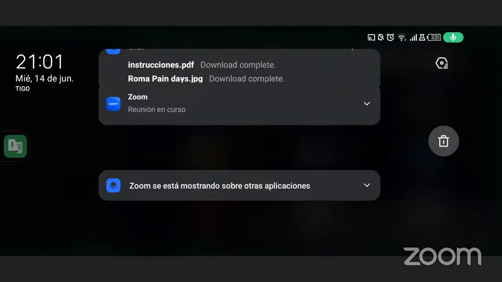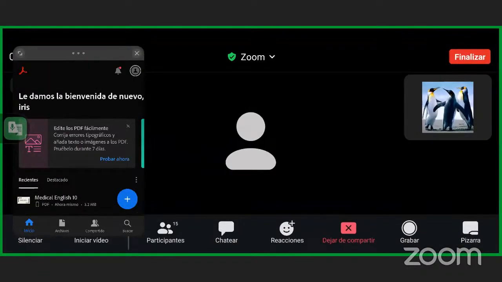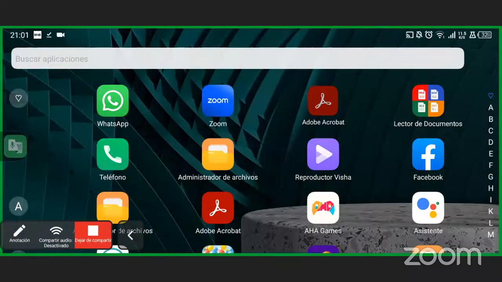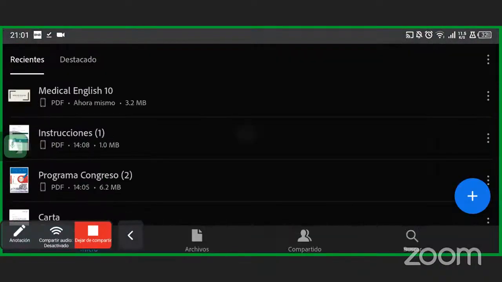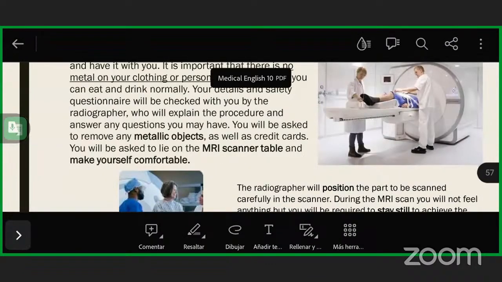I'm running mad with my cell phone. As you know, I'm still learning how to use this. Okay.